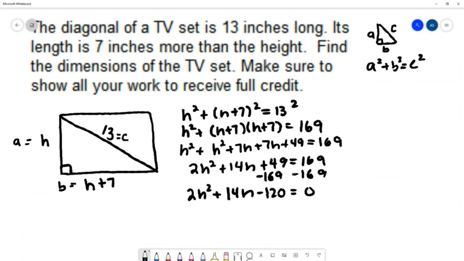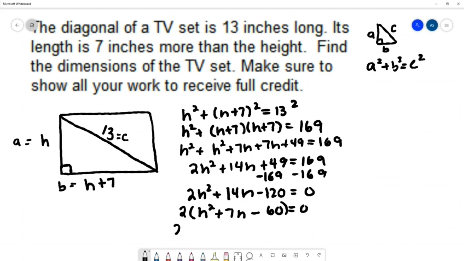Now there are multiple methods for solving quadratic equations, but I typically start with factoring. So I notice that we have all even numbers, so we're going to factor out a 2. We have h squared plus 7h minus 60 equals 0.